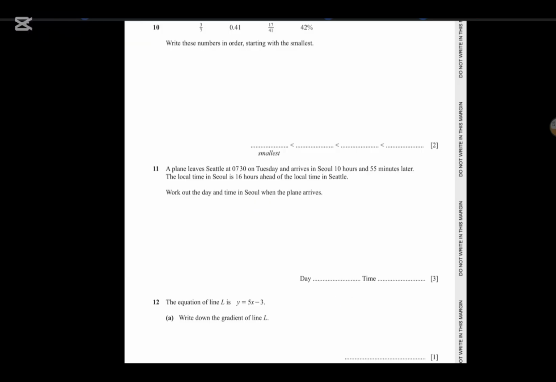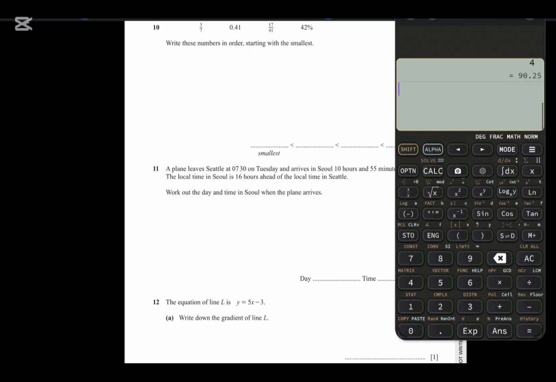So try to change using the calculator. Now 3 by 7 is what in decimal? Check. 3 by 7 is 0.428.